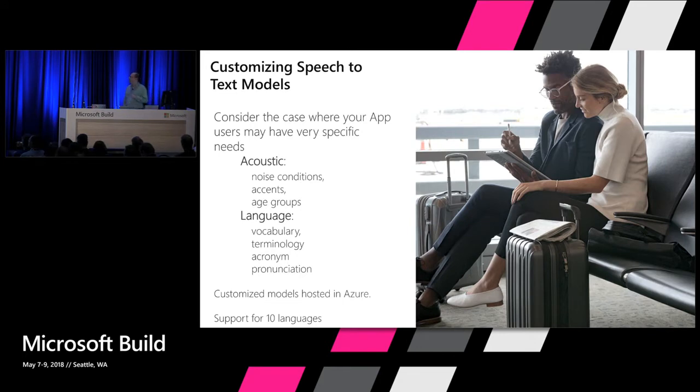Now, customization. I'm going to do my first demo here just to show you where you need it. But as I said earlier, in the majority of cases, when you have to deal with background noise, or specific accents your population of users may have, you're going to need it. Age groups is also another common scenario for customization.